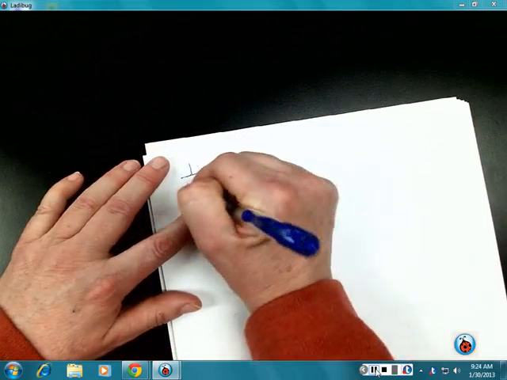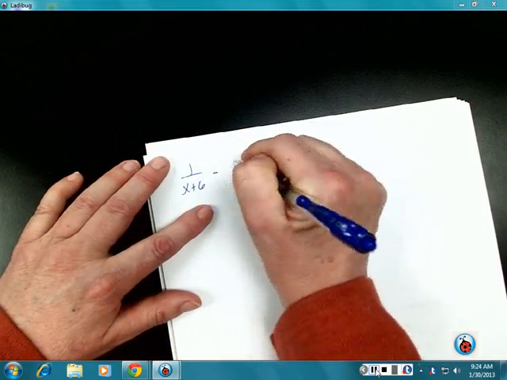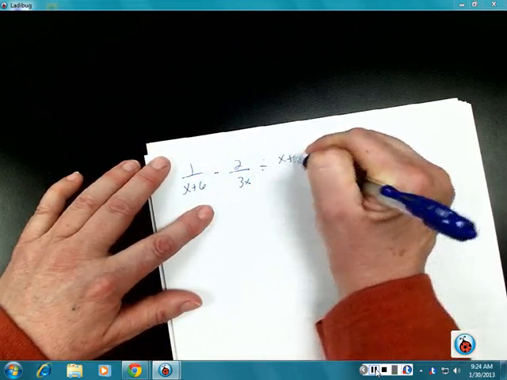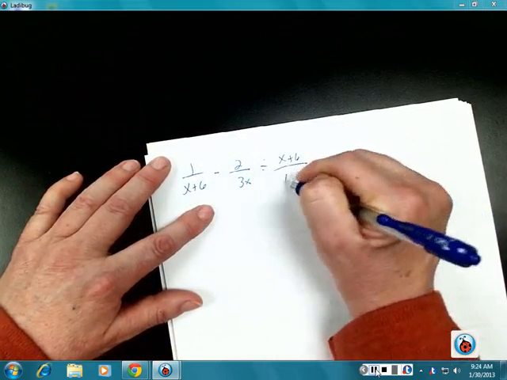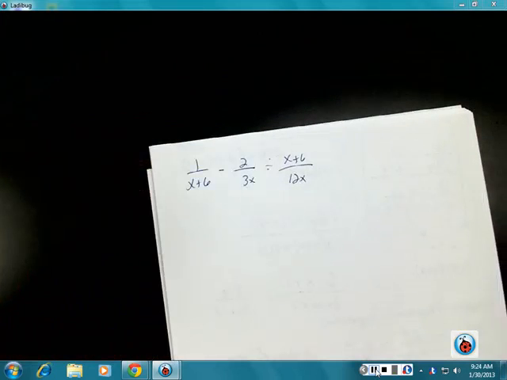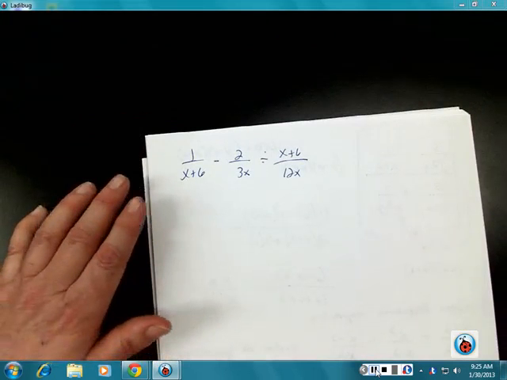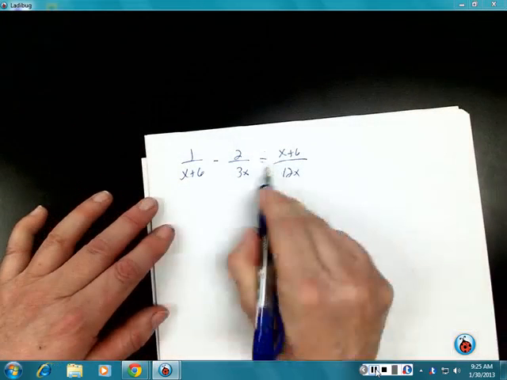1 over x plus 6 minus 2 over 3x divided by x plus 6 over 12x. So another complex fraction, or combined fractions. With this one, I need to do what first? Division, yep.